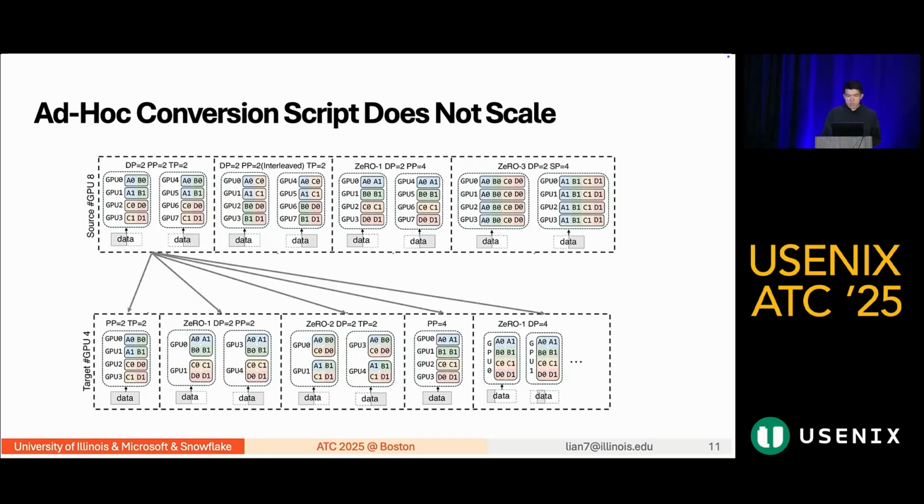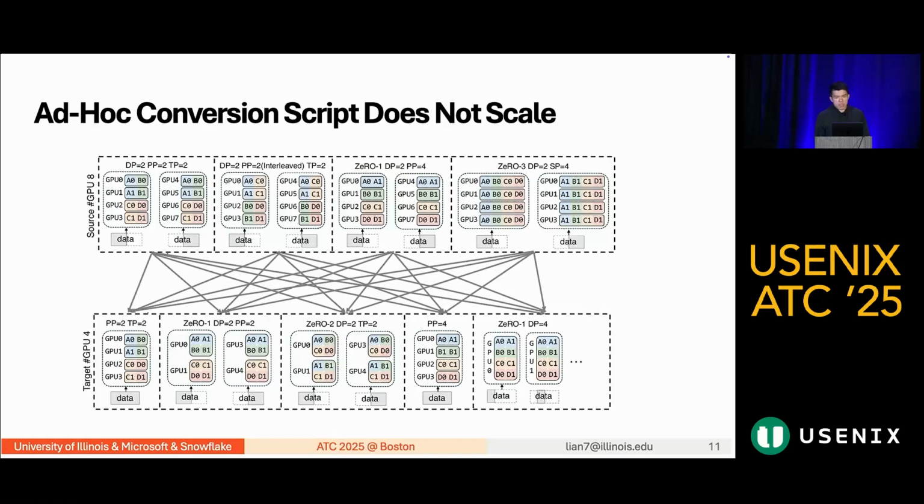This means you need to write a conversion script for each of the n target configurations. So in total, for m source and n target configurations, we will need m times n ad hoc scripts. As the number of GPUs and configuration options increases, the number of required conversions grows rapidly, making this approach highly inefficient and impractical for large-scale training.